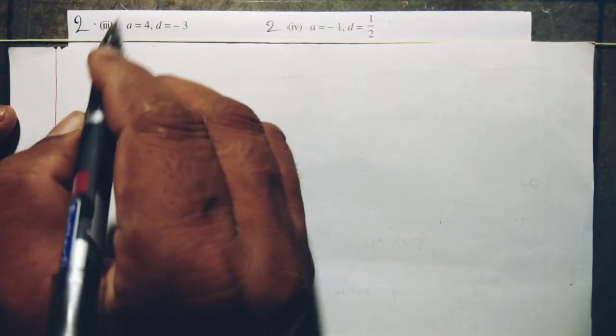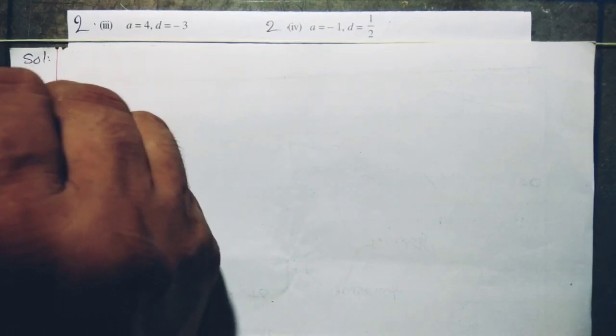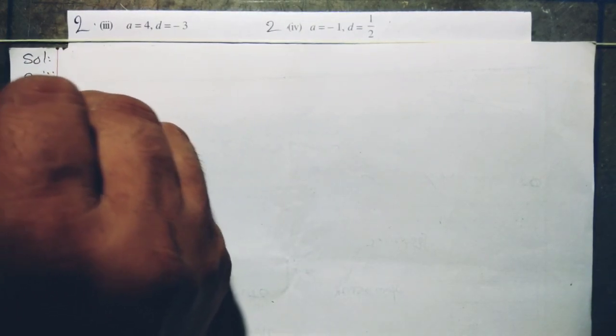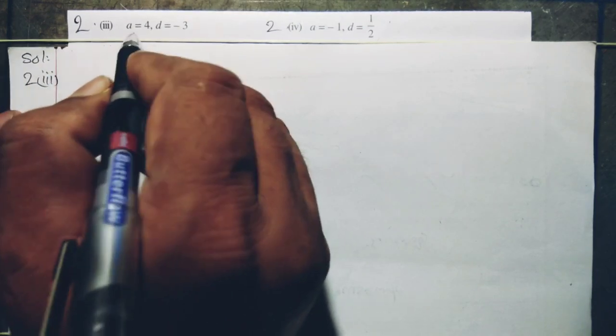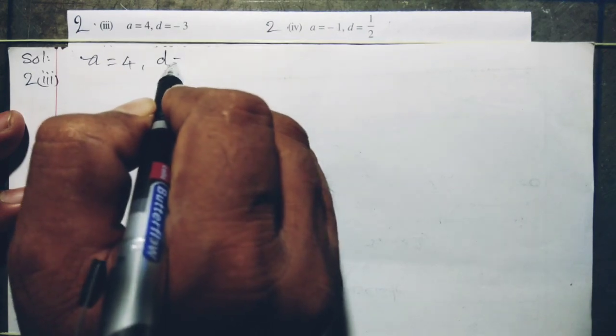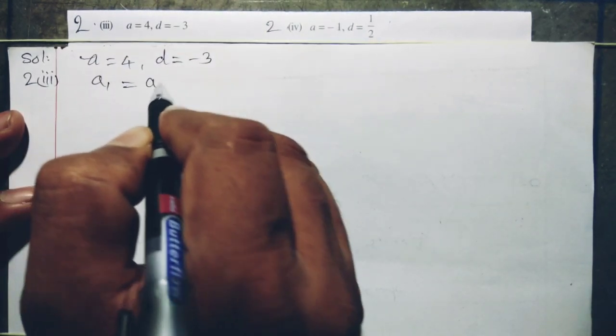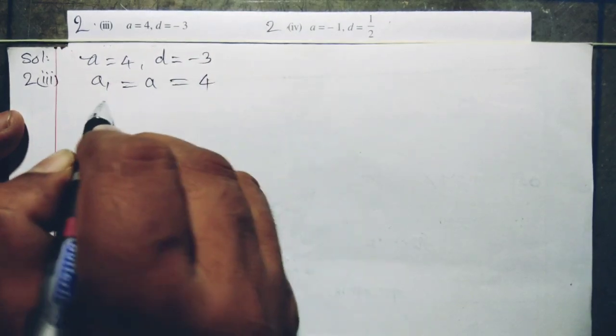Second bit, third problem, A is equal to 4, D is equal to minus 3. Solution for second bit, third problem: given A is equal to 4, D is equal to minus 3. So A1 is equal to A, that is equal to 4.